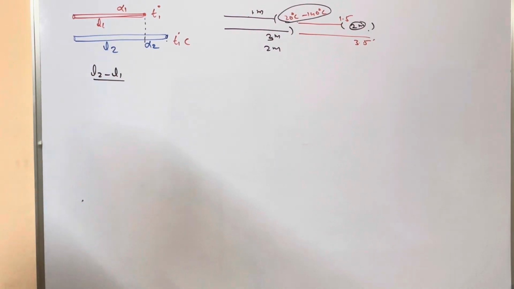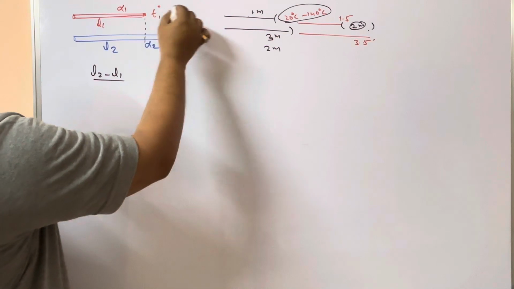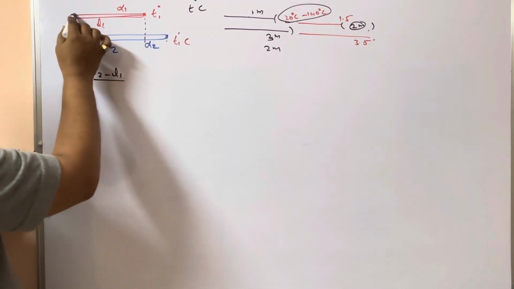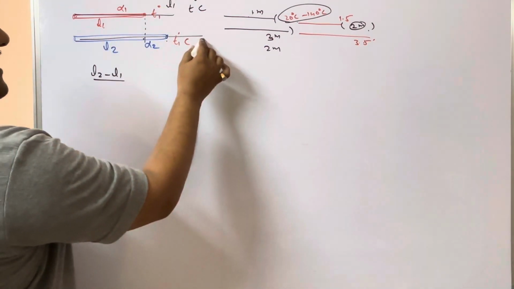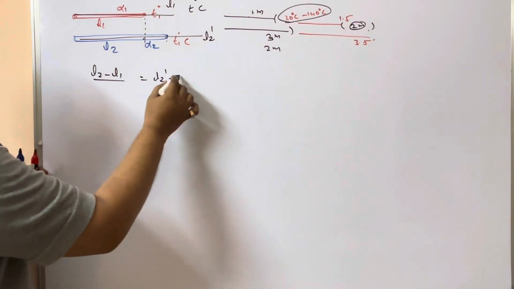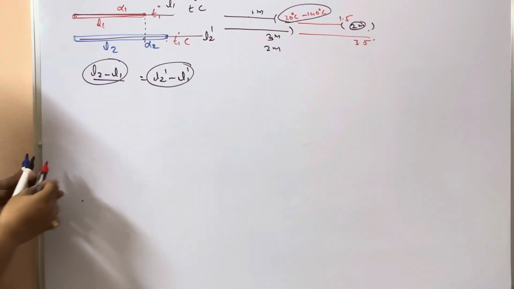What is the condition for that, they will ask. Whenever the temperature is rising from T1 to T degrees Celsius, the new length is going to be L1 dash and L2 dash. Now, L2 dash minus L1 dash should be equal to L2 minus L1.